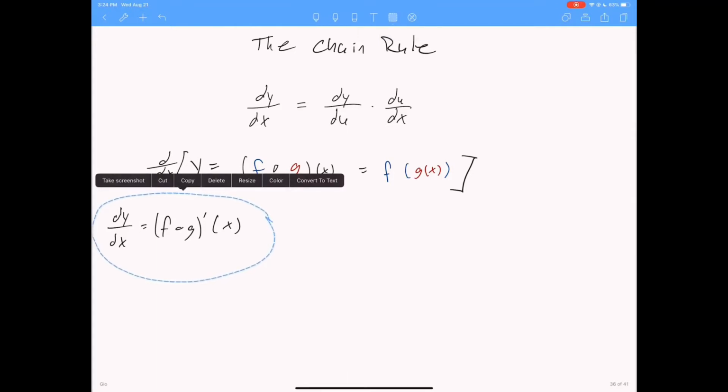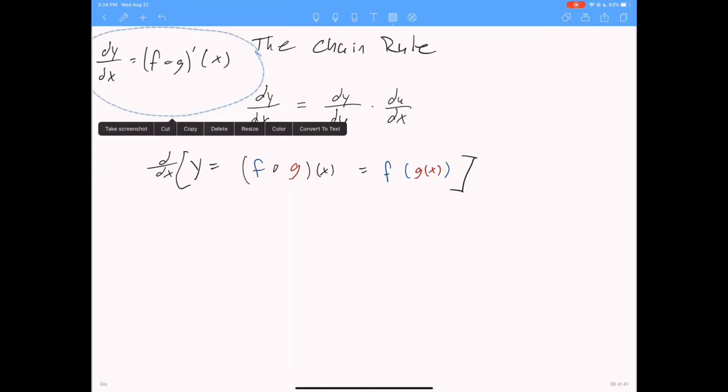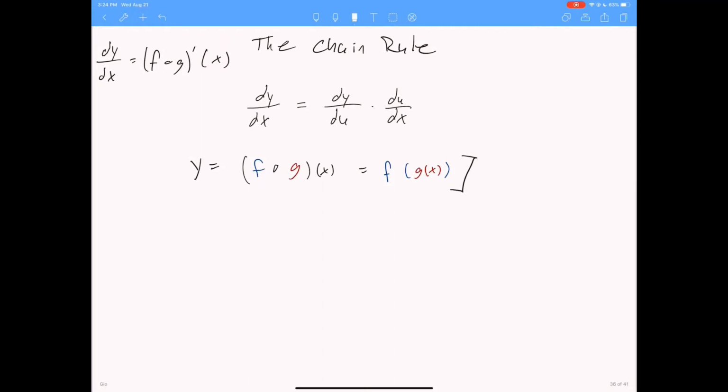Let's just put that aside, and let me focus on this notation rather.